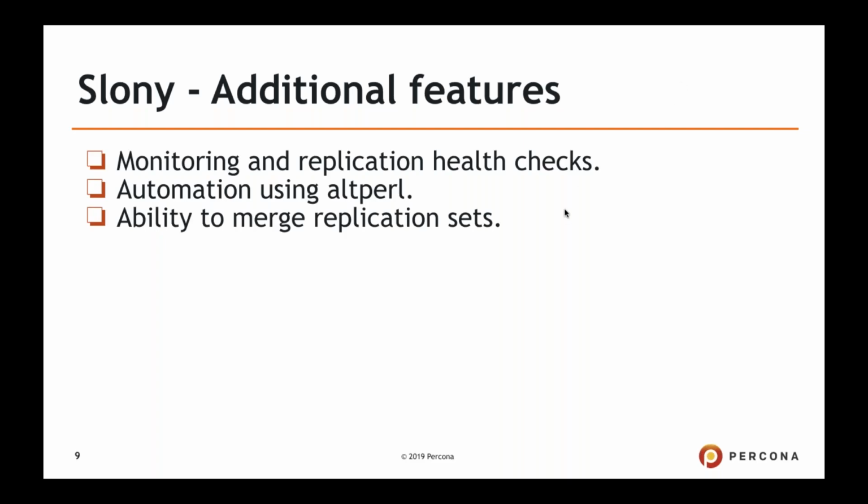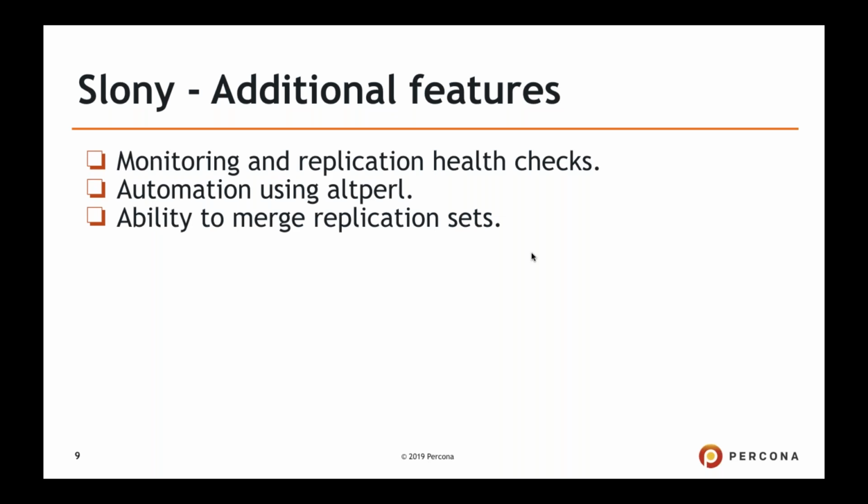Yeah. So since Slony is more than a decade old, there are a lot of features. The ecosystem built around it is very versatile. So there are monitoring tools, scripts, and replication health check scripts that come with Slony. So when you do Slony replication, you have a complete set of features to assist you, and there are fully automated solutions available, which will even prepare scripts for you.